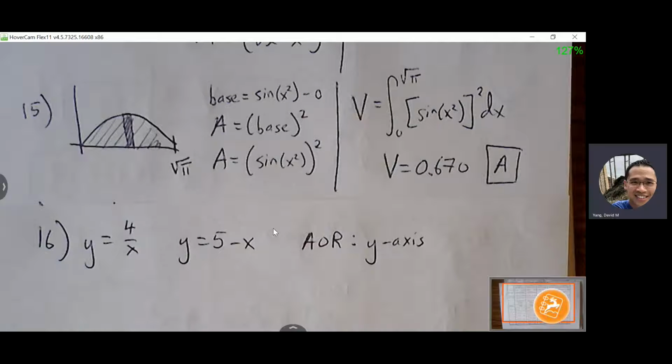Top minus bottom: sine x squared minus 0 would just be sine x squared. Again, the shape that we're building is squares, so base squared, and then just insert into your formula.